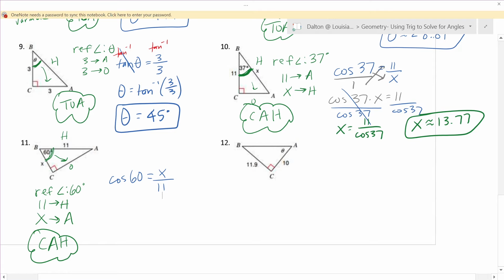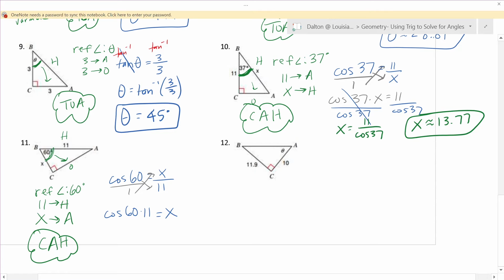And then again, I don't want to use the inverse cosine because I already have my angle. I'm solving for one of the sides. So I'm going to put the left side over 1 and cross multiply. So if we do that, we get the cosine of 60 times 11 equals 1 times x, which is x. Now notice x is by itself now.